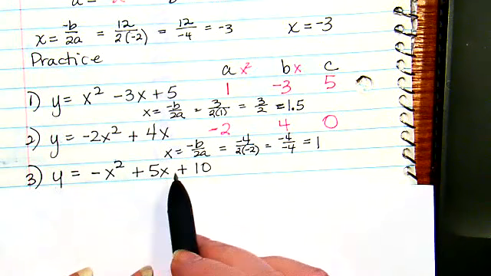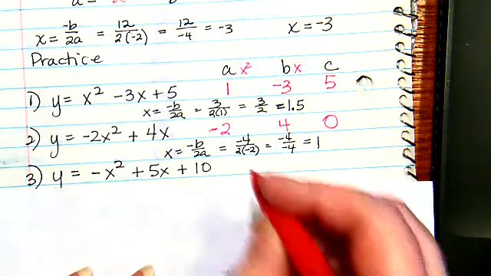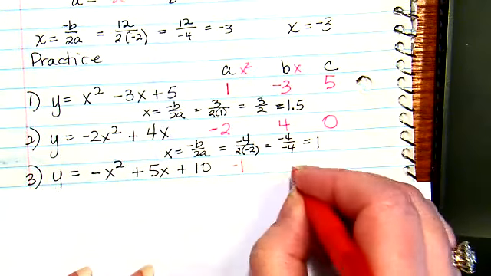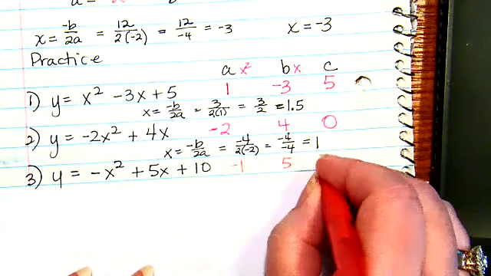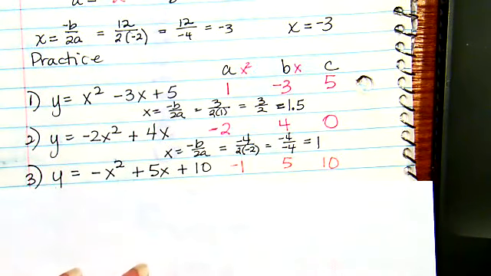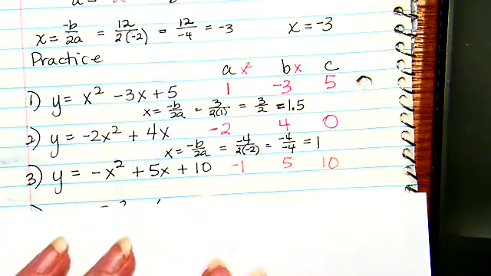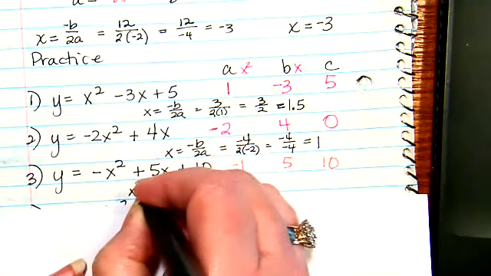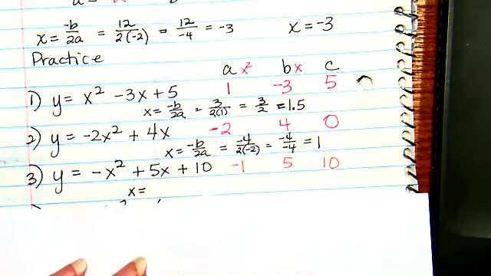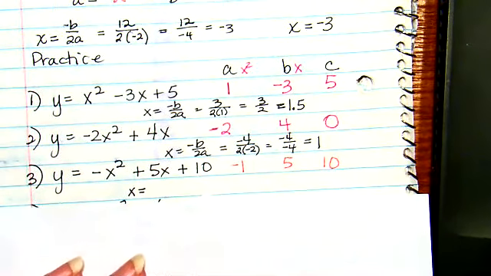What's A? What's B? What's C? There's A, there's B, there's C. Now, pause the video if you want to practice along, just to test yourself. We're going to find the axis of symmetry, which means we're finding the x-coordinate of the vertex at the same time. What's the formula?